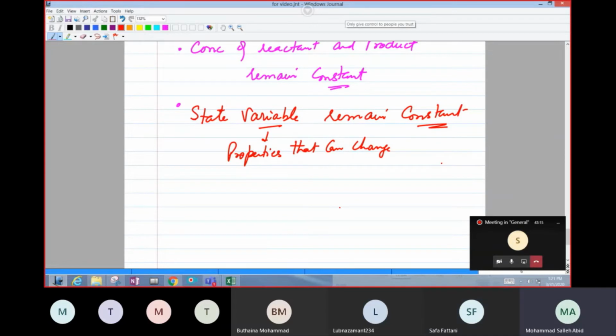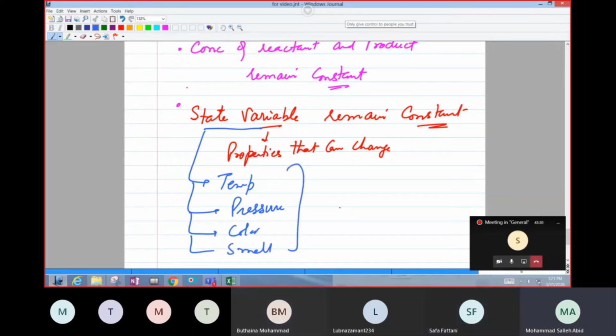For example, what are the examples of the state variables? The temperature, the pressure, the color, the smell, all these things. Could it also be the state of the reactant or product, like solid, liquid, gas? We can't say that.